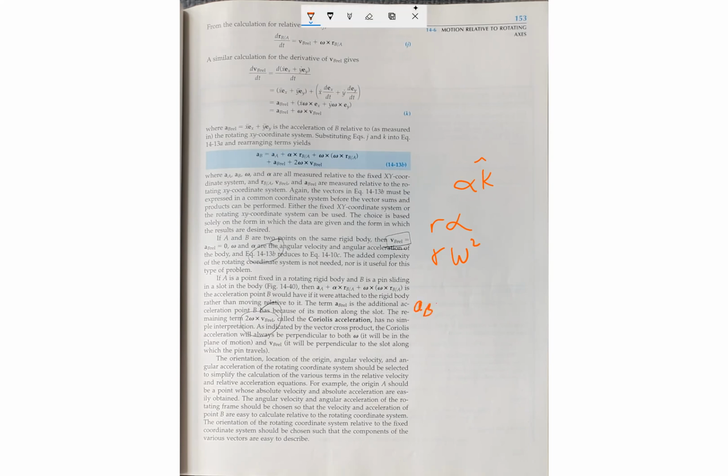So we have the acceleration of b equals the acceleration of a plus the acceleration of b relative to a, but the acceleration of b relative to a had two terms. That had the normal acceleration and the tangential acceleration, right? If you had the relative acceleration diagram, this is the r alpha, and then the normal acceleration was the r omega squared.